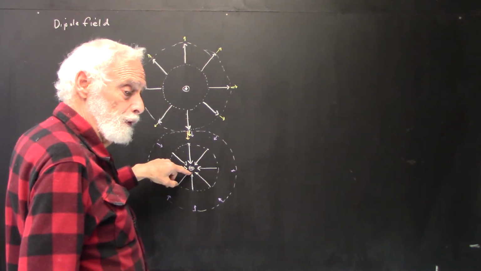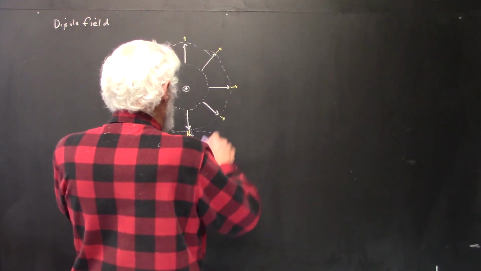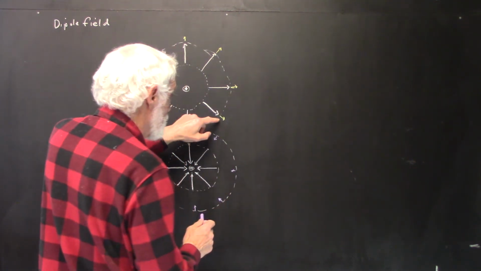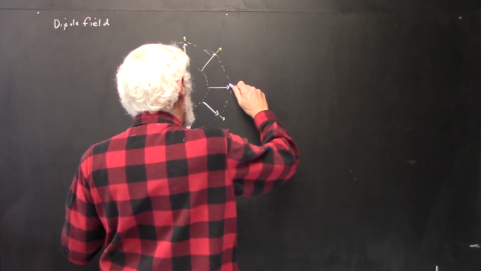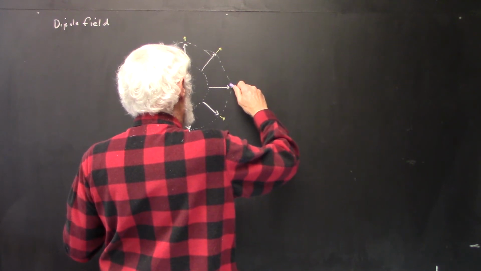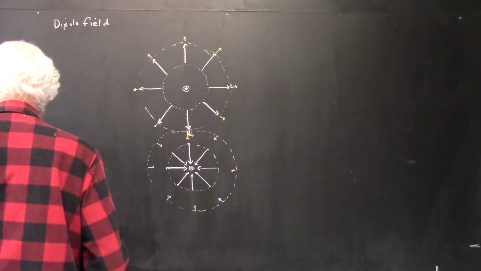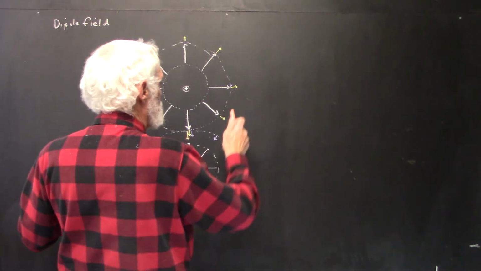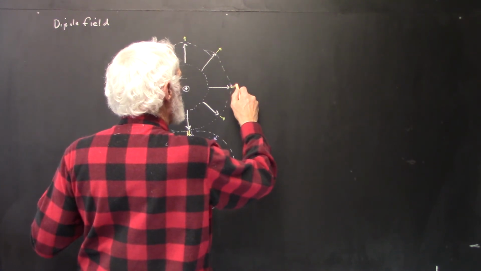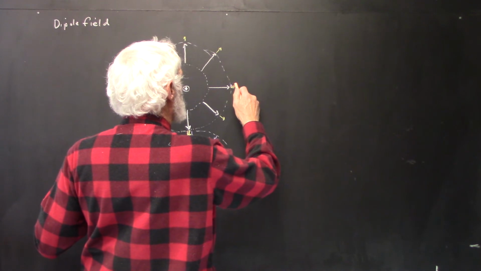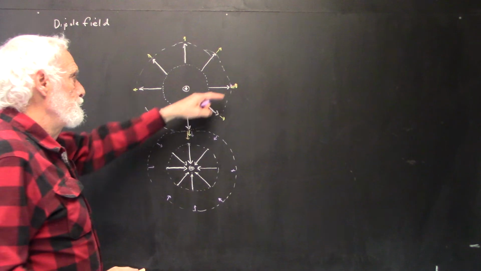We superimpose that on the field of the negative charge, and we get a vector directly away from the negative charge that's only about 1/4 the length of this vector. Now that's actually more like half the length. Kind of exaggerated it. And if we put those two together, we have a vector that makes a slope of about 1/4 with the horizontal direction.